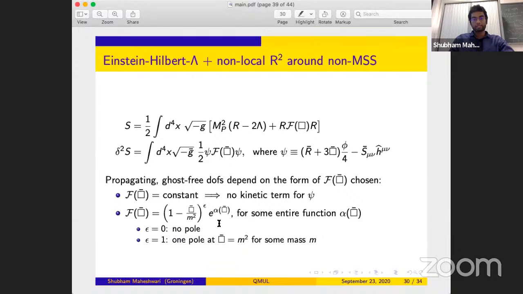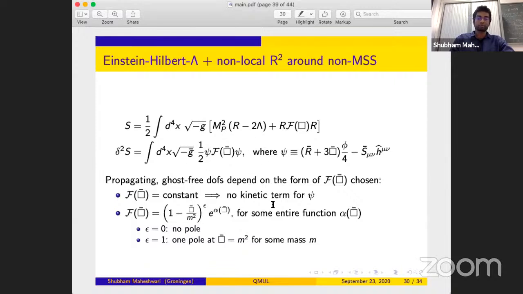And I add an exponential of an entire function over here so that I modify the UV structure, but at the same time, I don't introduce any new zeros in the kinetic term. So if I choose epsilon equals 1, then I will have only one pole at box equals m squared for some mass m. This m cannot be fixed at this point.